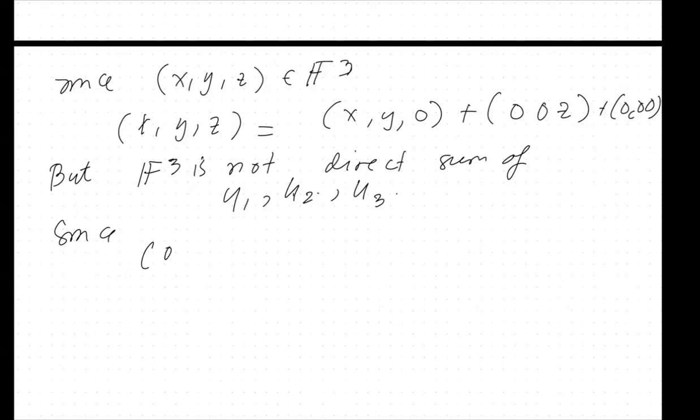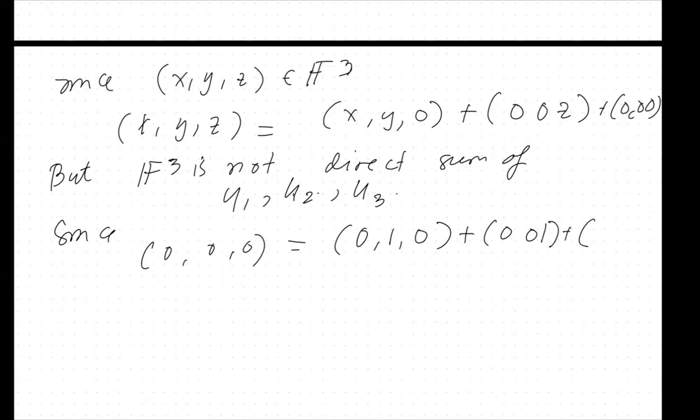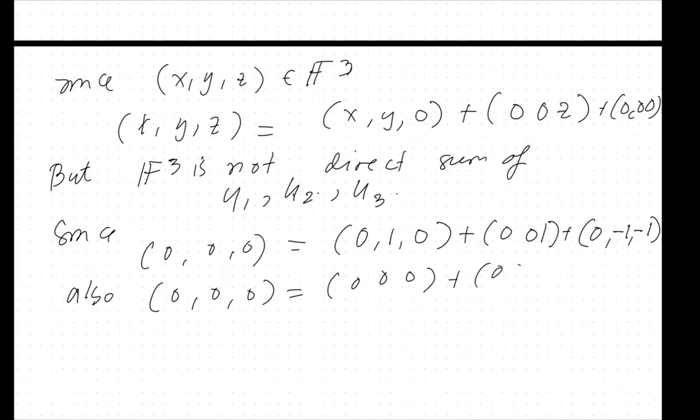Since if we get the zero vector, observe that we can represent this as (0, 1, 0) plus (0, 0, 1) plus (0, -1, -1). And then also, we can represent (0, 0, 0) as all 0 here.